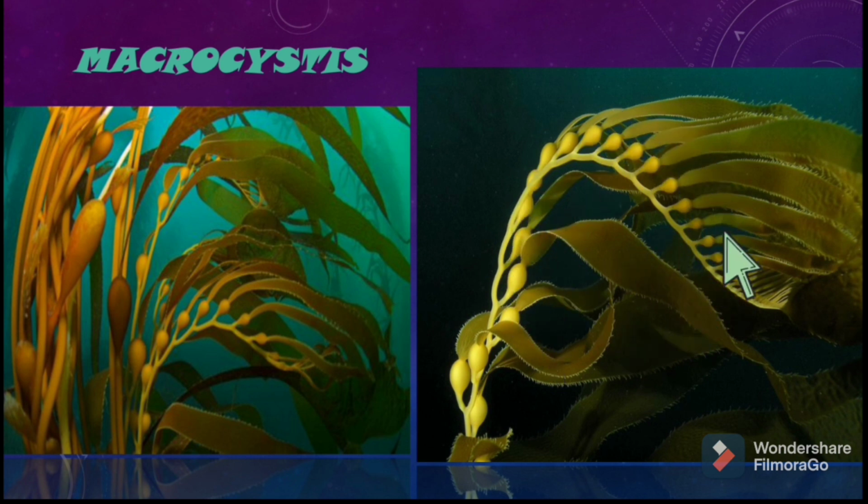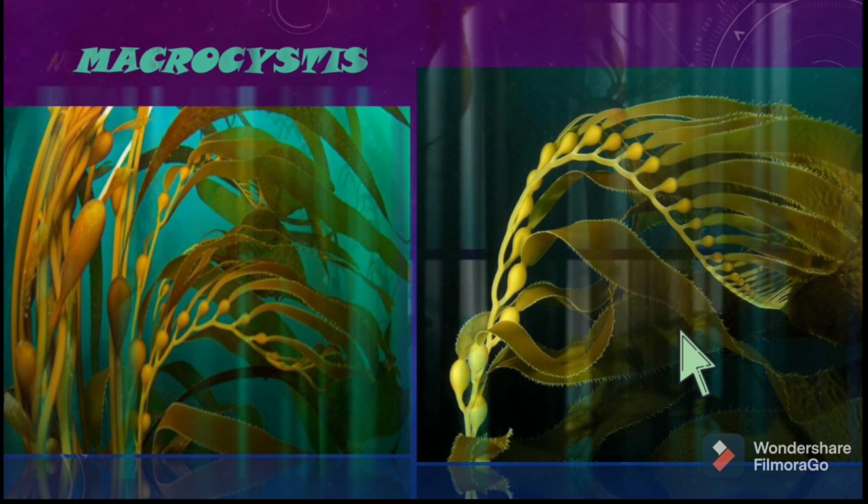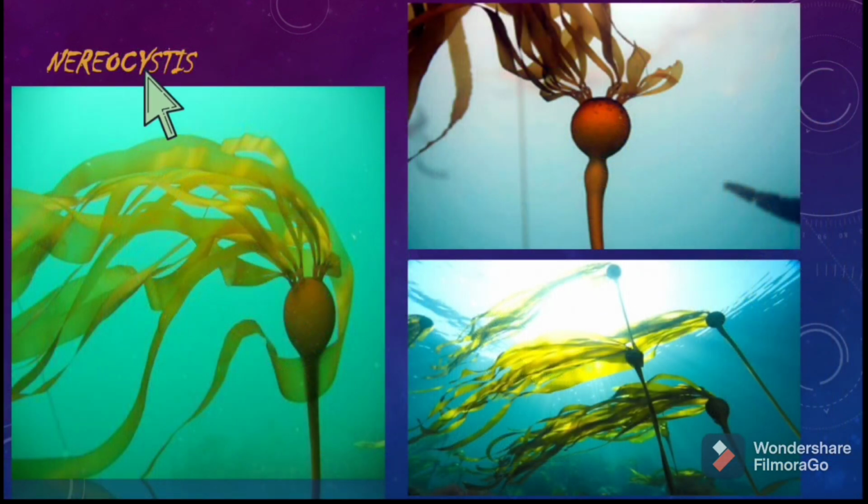This is the longest known giant kelp. Next we have another similar type, Nereocystis. The plant body of this species of brown algae can reach up to 20 to 25 meters long, and it consists of a haptera, a stipe, and a terminal large gas bladder having many blades on it.